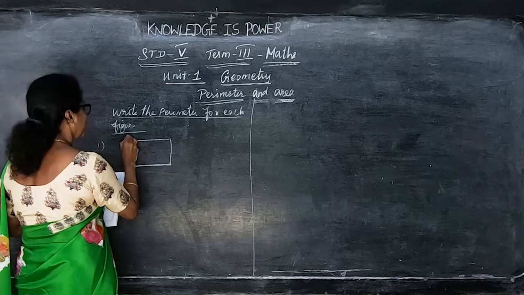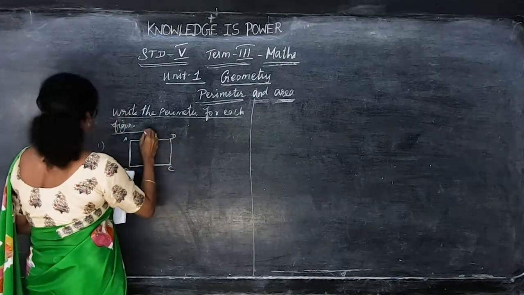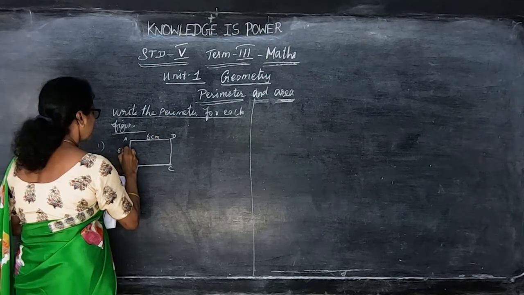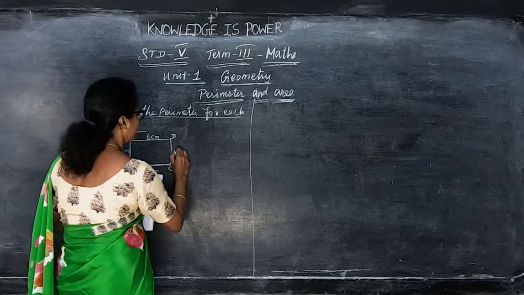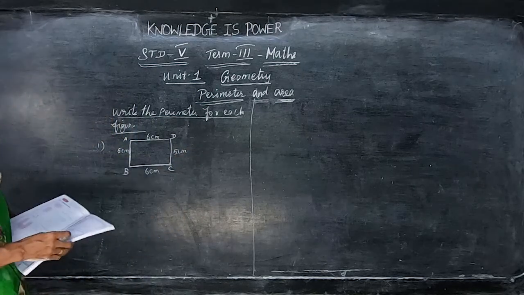Here they have given A, B, C and D. Here 6 centimeter, and this is 5 centimeter, and this side 6 and this side 5. So you have to write the perimeter of each figure.